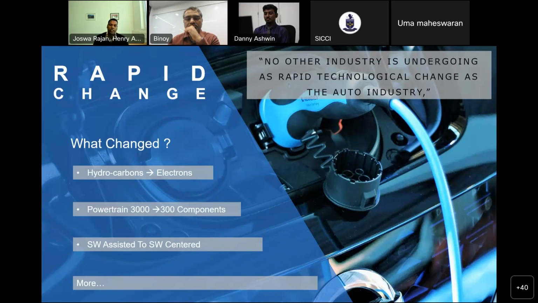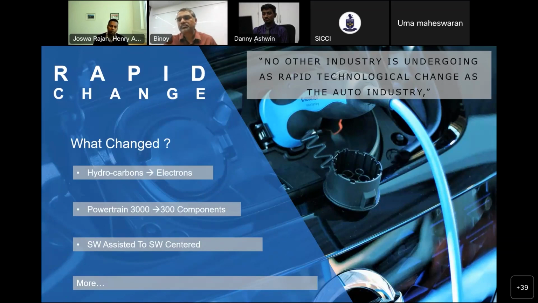Many things have changed, from hydrocarbons to electrons. In the conventional engine, the powertrain used to have 3,000 parts or components, and now we have 300. They have implications, both economically and for maintenance. The simplicity by itself could be complex.